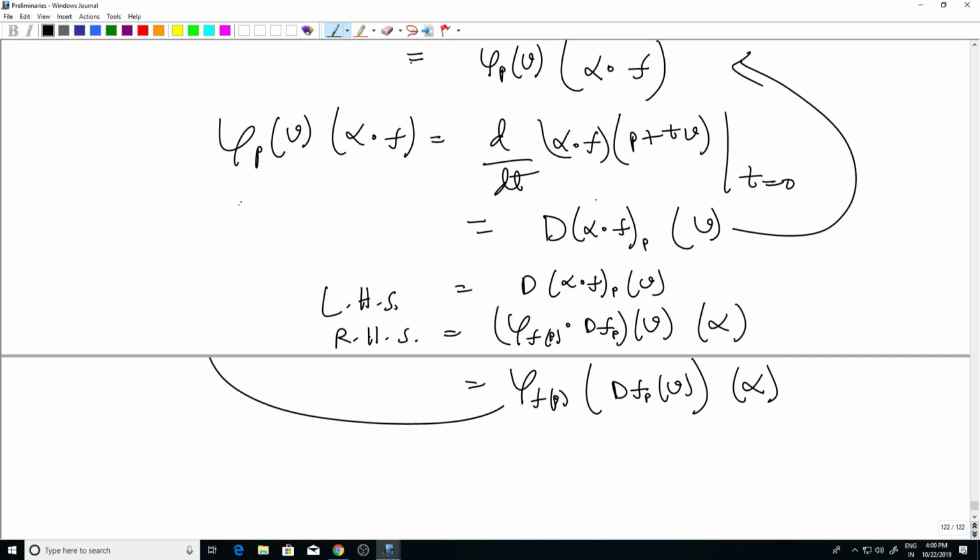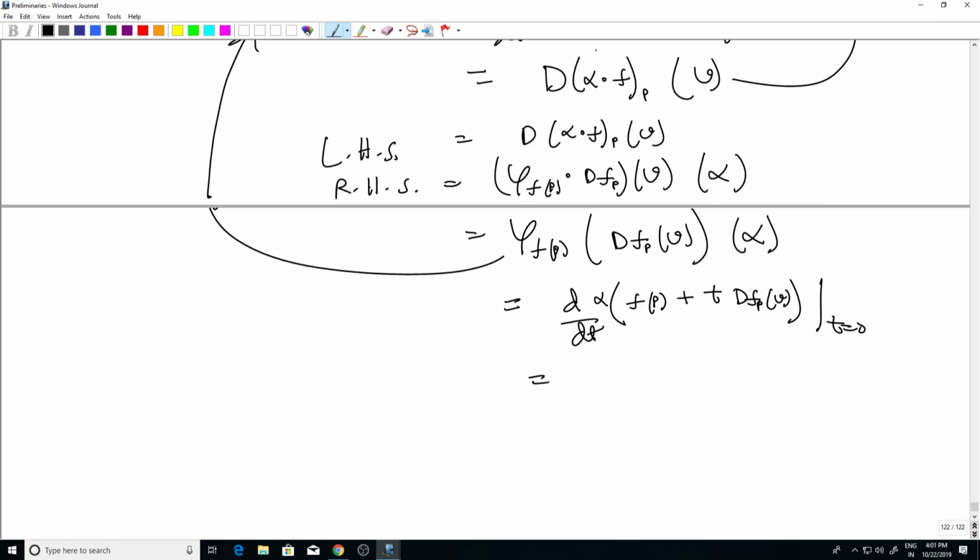And again using the same logic, just like I had this here, this is phi at f of p of something, which is the same thing as d by dt of alpha, where the starting point is f of p and the vector is t times dfp of v, at t equals 0.